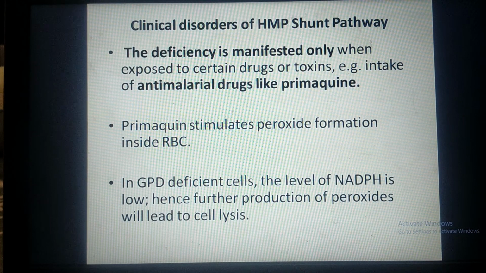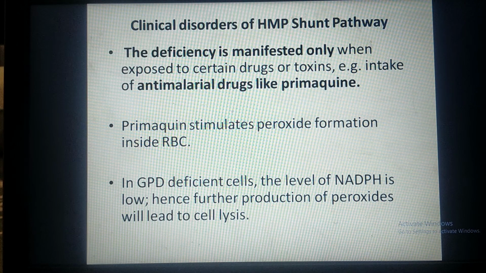The typical history of this patient is that the patient may have taken some antimalarial drugs like Primaquine, and after 3 to 4 days he develops anemia and jaundice due to breakdown of RBCs, or hemolysis. Why is this? Because when Primaquine and other oxidative drugs are taken, they stimulate hydrogen peroxide formation.